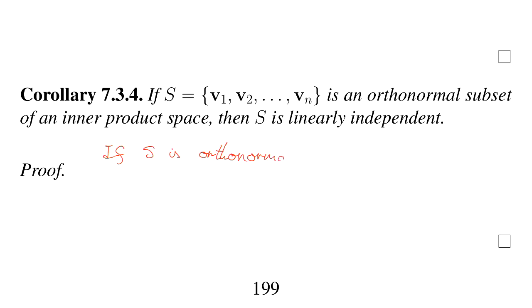So if S is orthonormal, then the length of Vi is 1, so Vi is not 0.